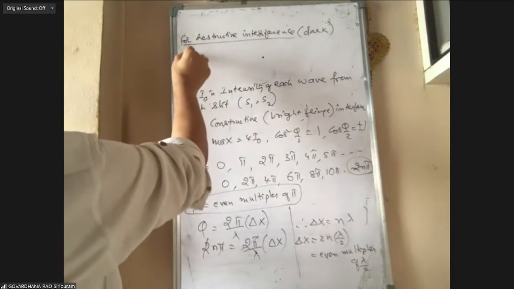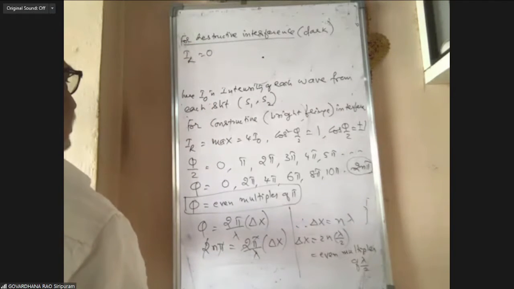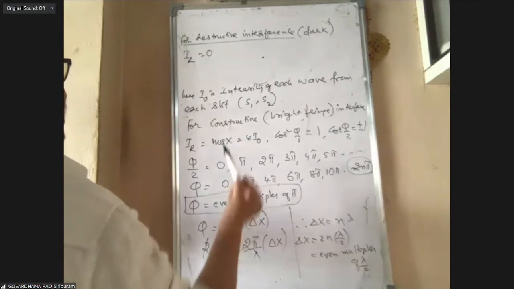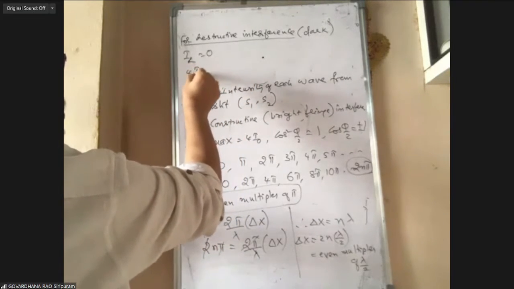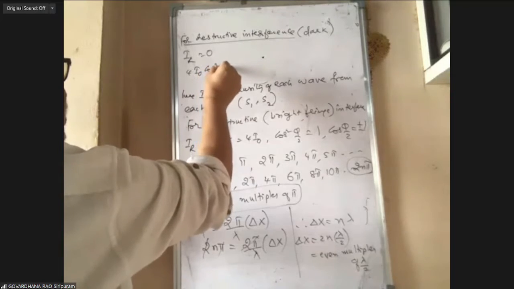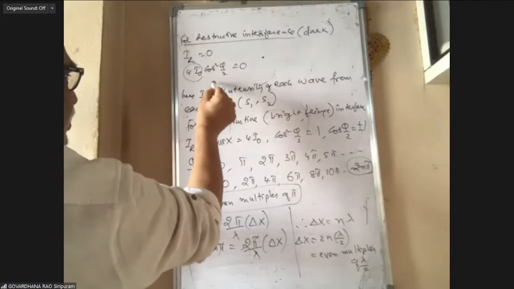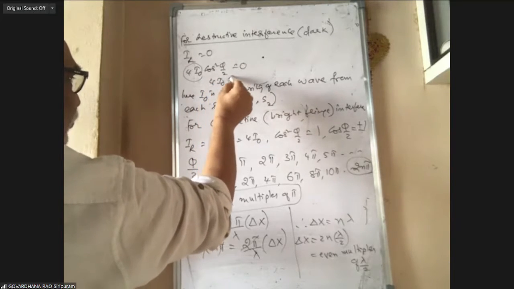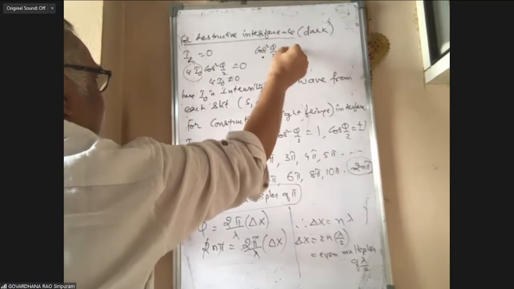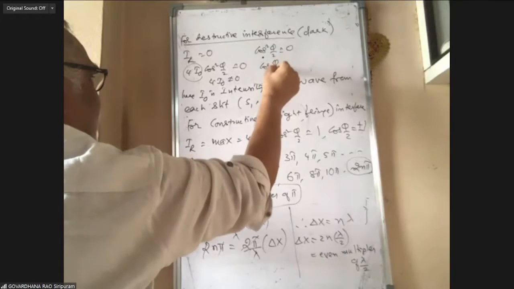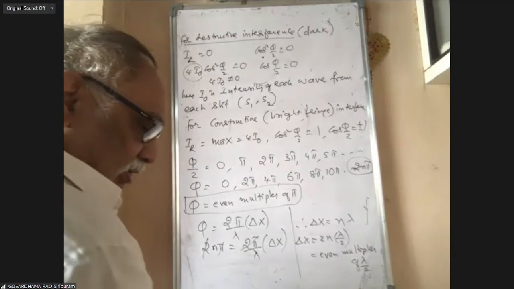So the resultant intensity should be 0. Correct? The resultant intensity, 4 I naught cos square phi by 2, should be 0. 4 I naught is not 0. What should be 0? Cos square phi by 2 should be 0, so cos phi by 2 should be 0. Correct?